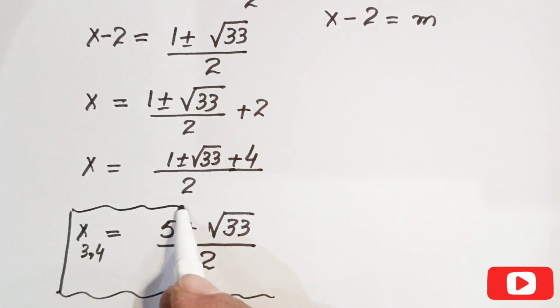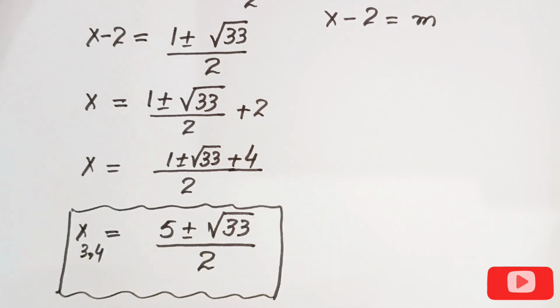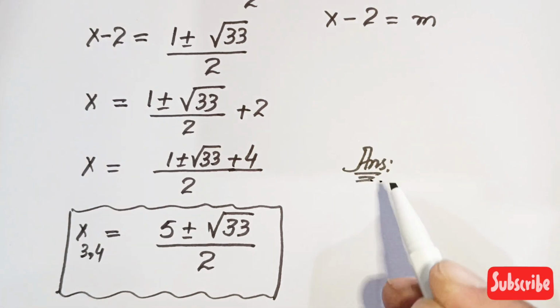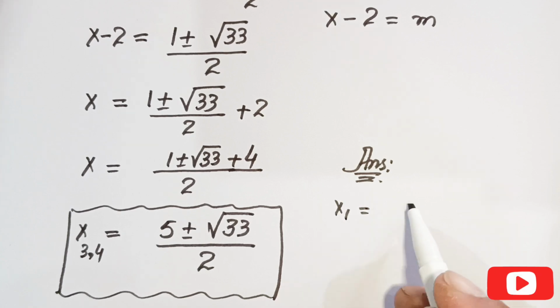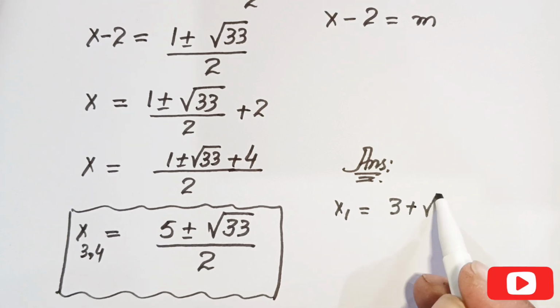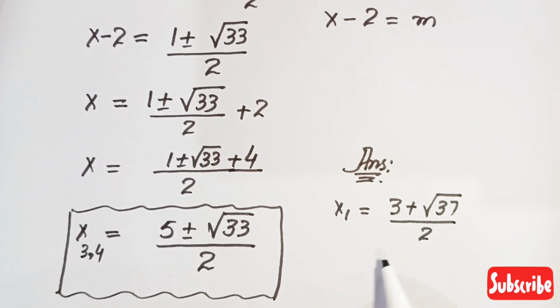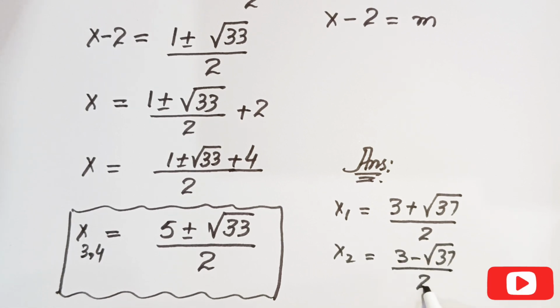We have 4 values of x, which is our final answer. So if we write here our final answer, then x1 is equal to 3 plus square root of 37 all over 2, and x2 is 3 minus square root of 37 all over 2.